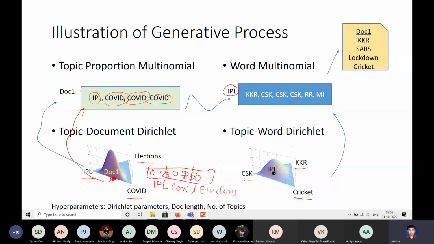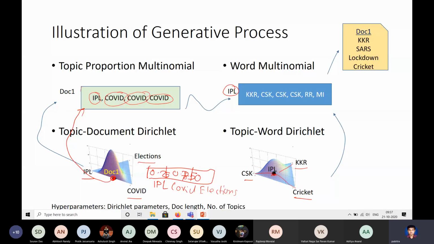I go to that point. Let's say this is the point. Once I go to this IPL point, it is a proportion over 3 words.